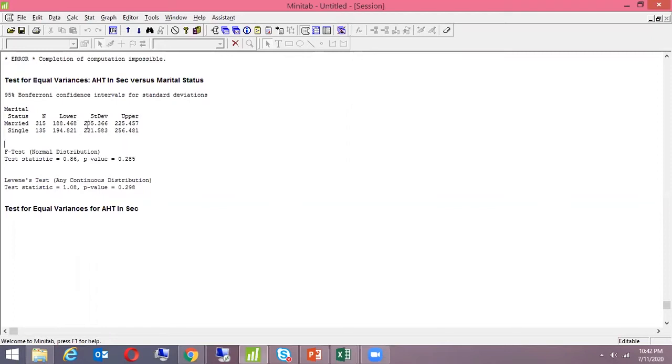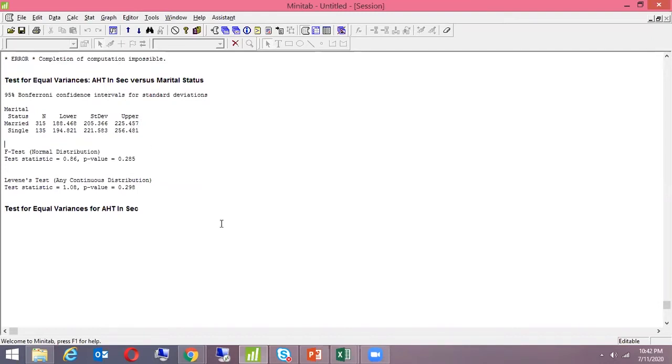So that's what I've been able to conclude with the help of the test of equal variance. What sort of a test can I do to check the means or median here? In this particular case, my Y is continuous, my Y is average handling time, and my X is marital status. Which test can I do to check whether there is any significant difference between their performance?